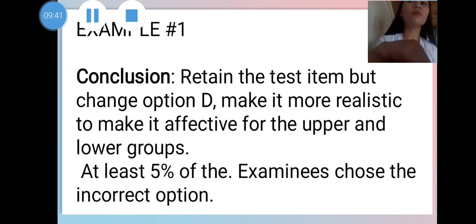So, walang pipili kay letter D. So, that makes it 0. Okay, so, again, in writing, in order for us to improve our test item, we really have to look at our options well.